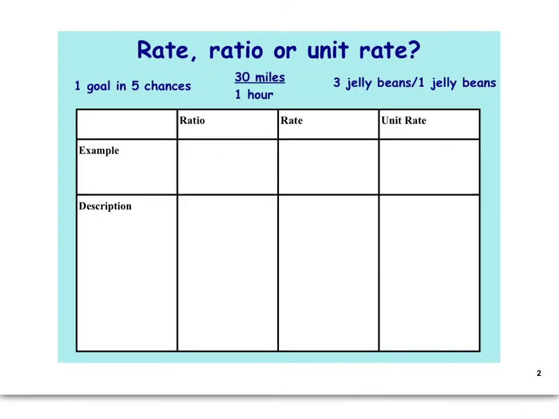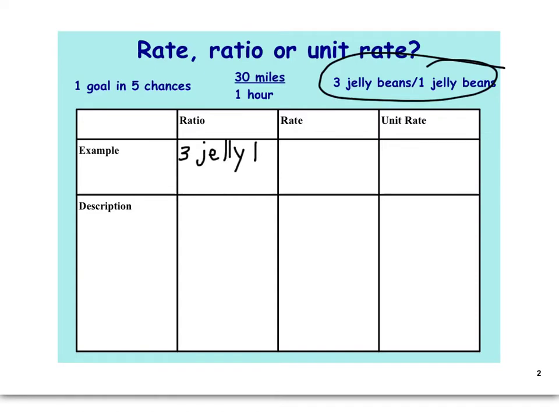So now that we're familiar with 3 vocabulary words, let's take a minute to get those straight. If I'm looking at a ratio, it compares two numbers, it has no unit, or it means that we could have the same unit. So 3 jelly beans to 1 jelly bean would be an example of a ratio.